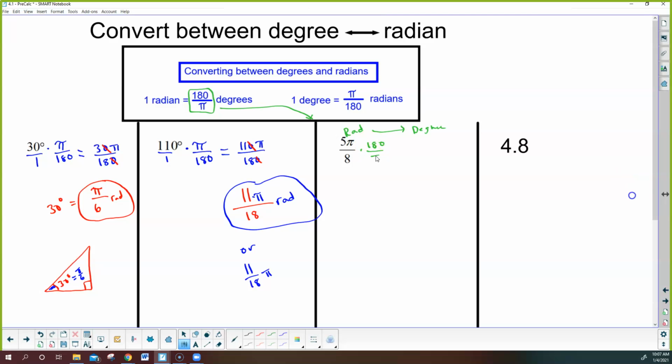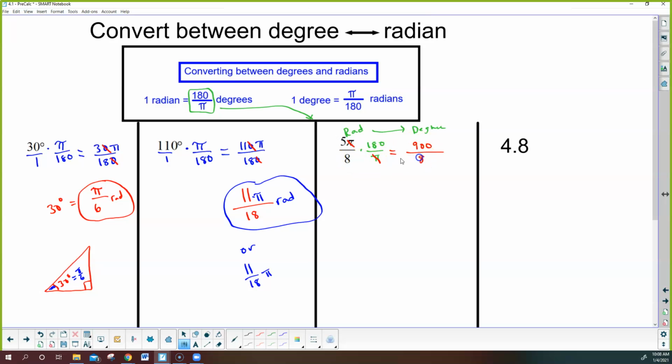When I multiply by 180 over pi, the pi's go away, right? The pi on top and pi on bottom go away, and then you're just going to multiply straight across. You're multiplying fractions. So 5 times 180 is 900.